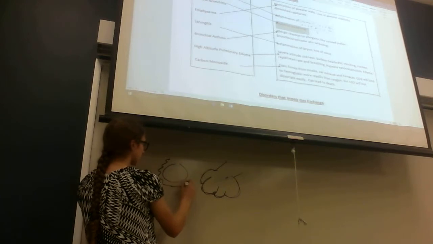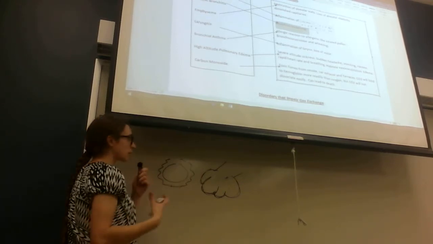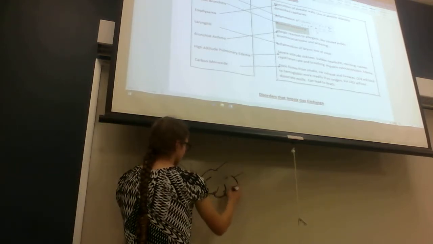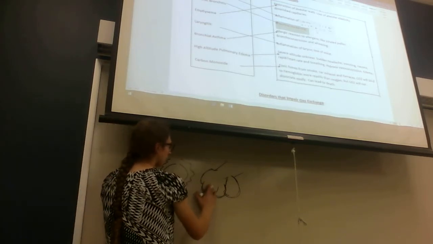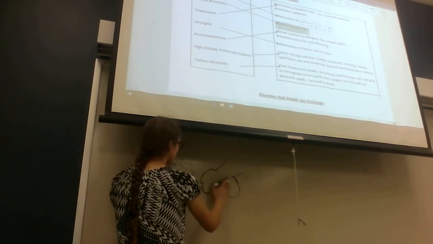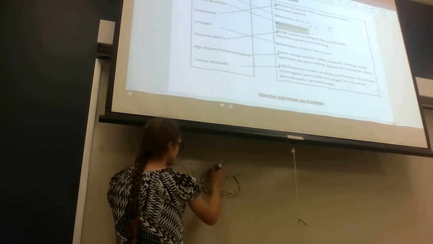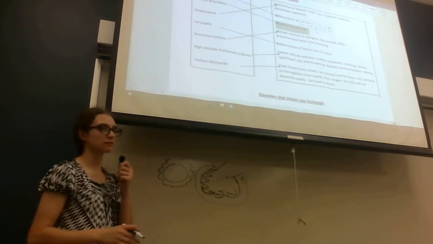The more surface area you have, the more oxygen and carbon dioxide that can exchange. With emphysema, though, it kind of all clusters up together. And when this happens, the surface area is only around this portion of it, which isn't very much.